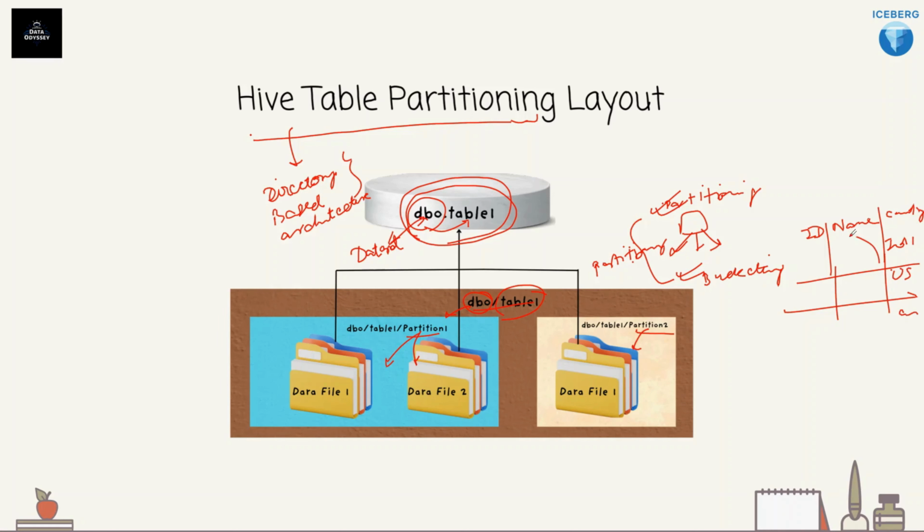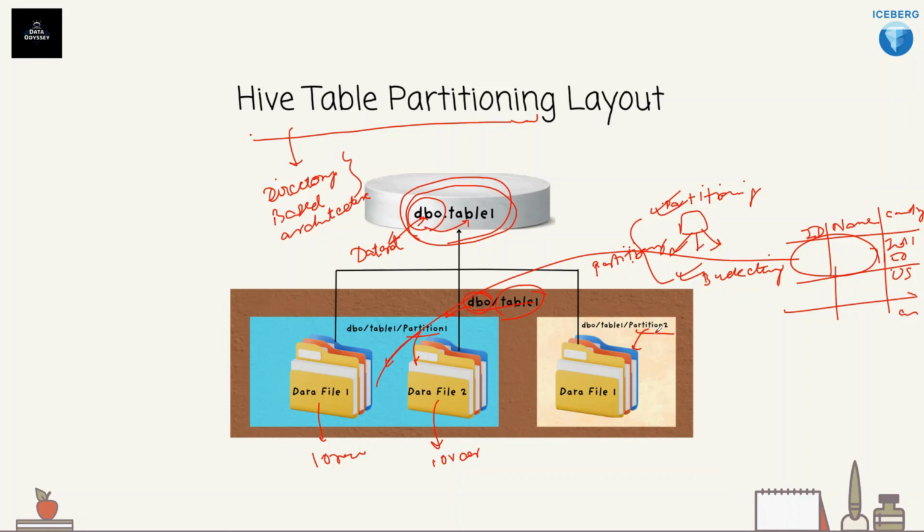So all the people who are there in India will be in a particular folder. Now within India there might be multiple people, and if you set the size of a particular data file up to maybe 10 records, and within the country India there are totally 20 records, then within data file 1 there will be 10 records, and within data file 2 there will again be 10 records.